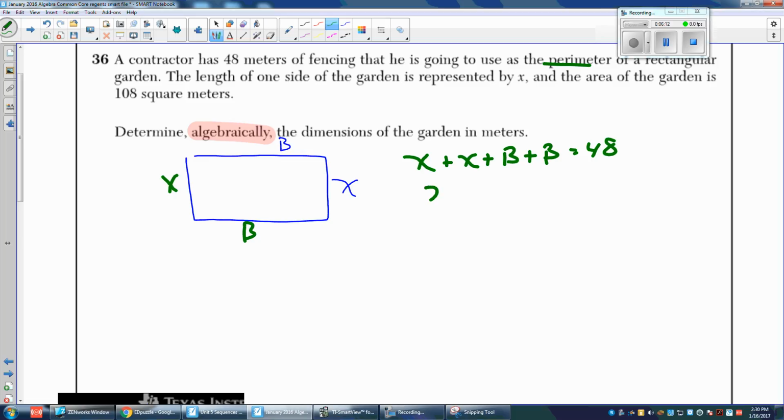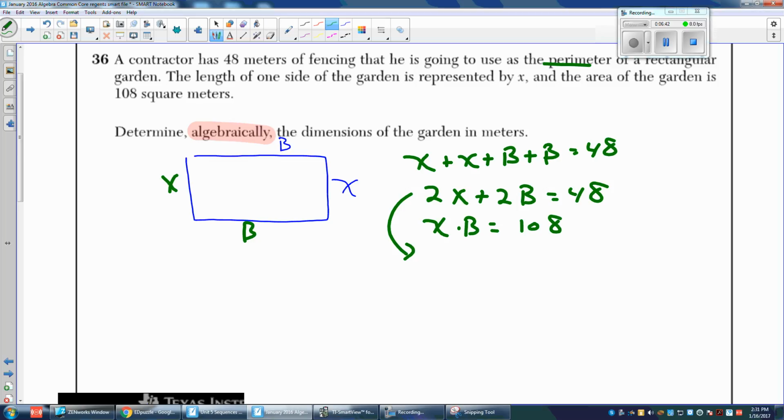So here we have 2x plus 2b equals 48, and I know that x times b has to equal 108. Now, if I have two equations and two variables, I immediately think of solving this using a system of equations. So I'm going to take this one, and I am going to solve for x.